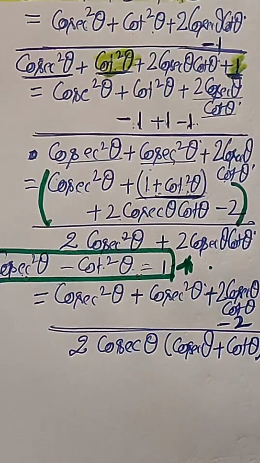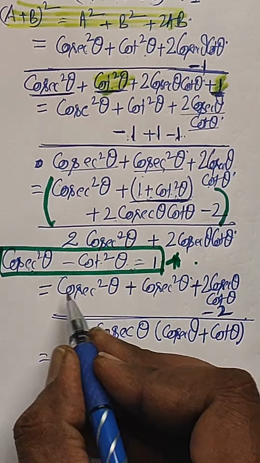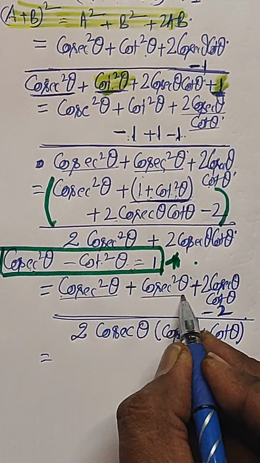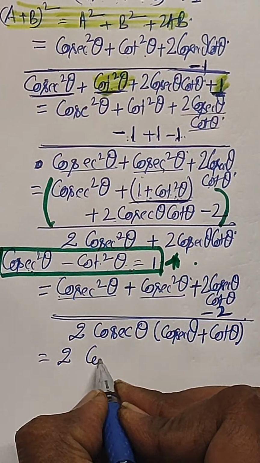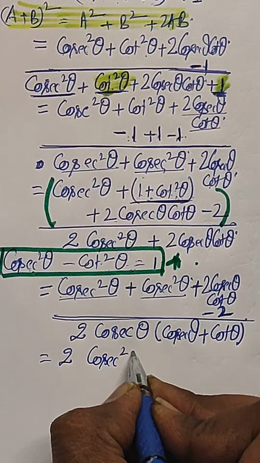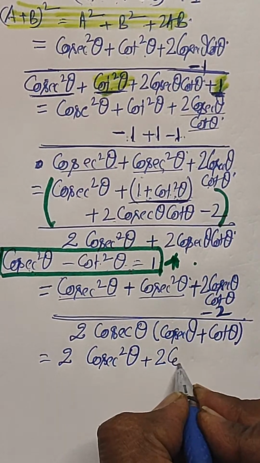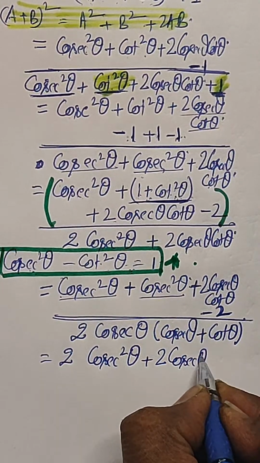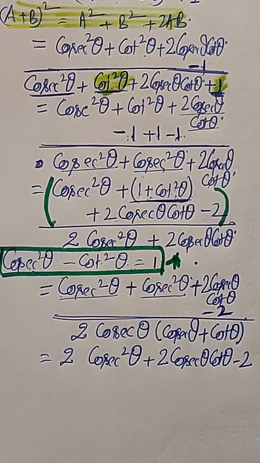The next step is, here you can see cosec square theta one time, cosec square theta one time. So it will become 2 times cosec square theta plus 2 times cosec theta cot theta minus 2, isn't it?